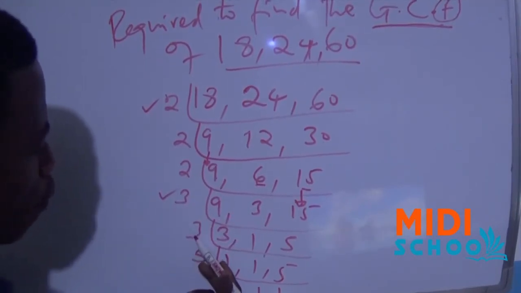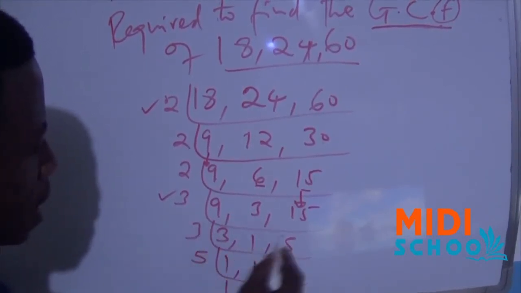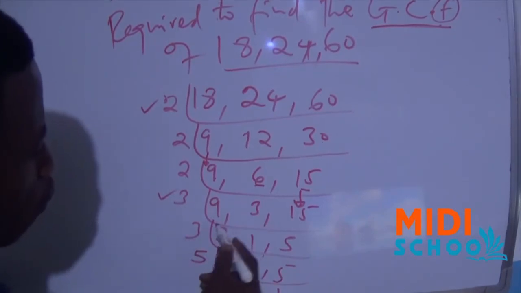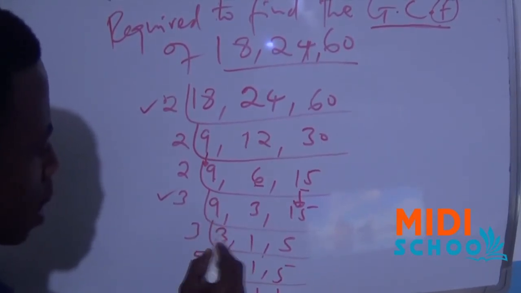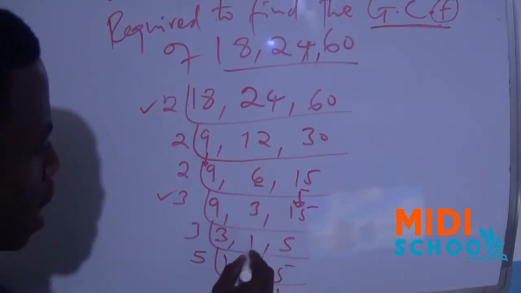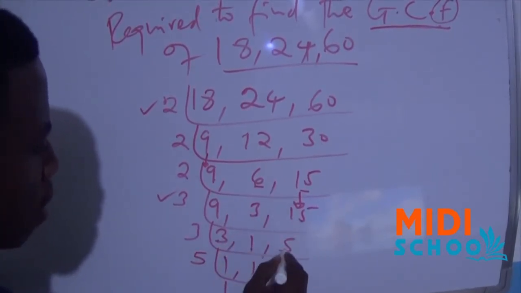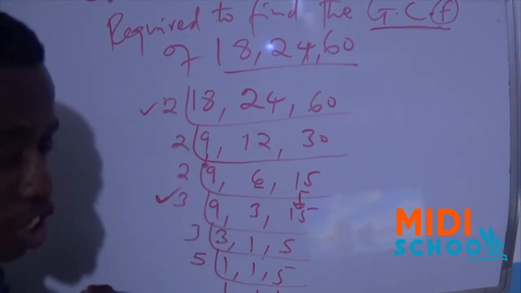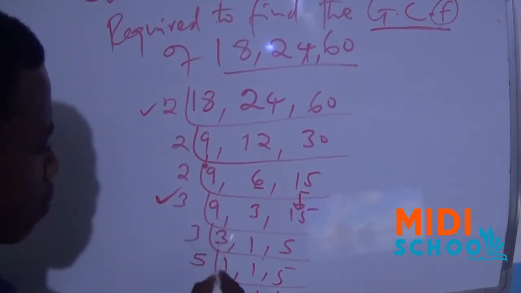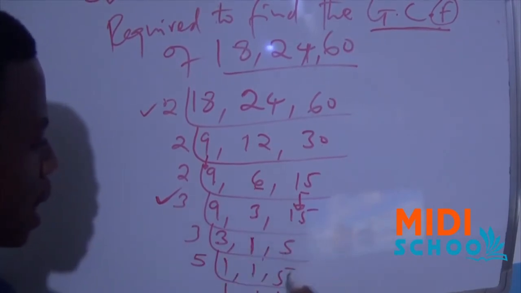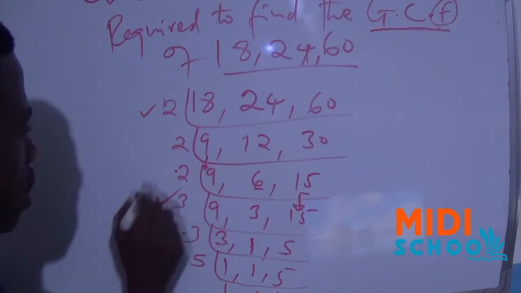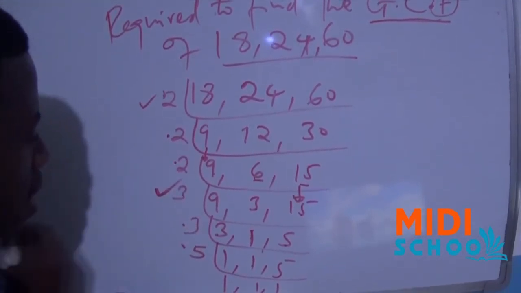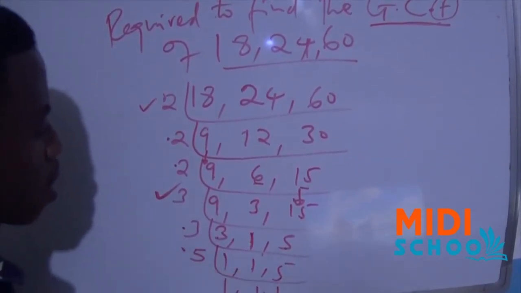Again, this 3 here divided 9 by 3, and 3 by 1, and 15 by 5, and that's why we ticked it. But this 3 here divided 3 by 1, 1 by 1, but did not divide 5, so we cannot tick this. And 5 did not divide all the three numbers.